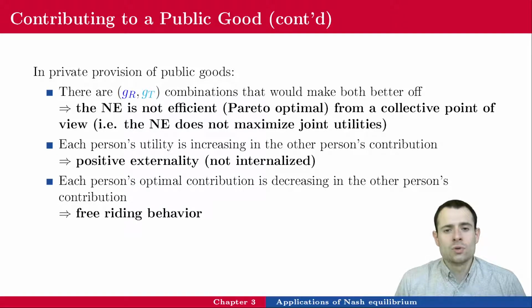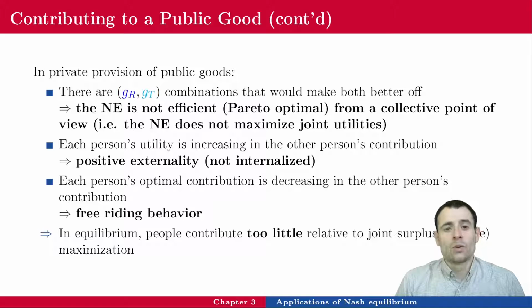If Rosia contributes a lot, Tom wants to contribute less, and vice versa. So, they benefit from other contributions, and the more other people contribute, the less they want to contribute. And this is the free riding behavior.